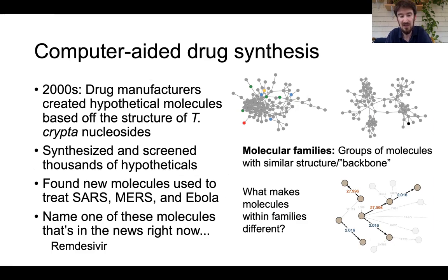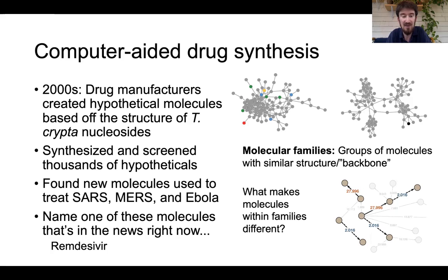In other words, they produced them in the lab and then screened them against viruses to see whether they killed them or slowed their replication. And so they found new molecules that were turned into new drugs to treat things like SARS, MERS, and Ebola. And then one that's in the news right now is remdesivir, which is one of the few drugs that's been approved to treat COVID-19.